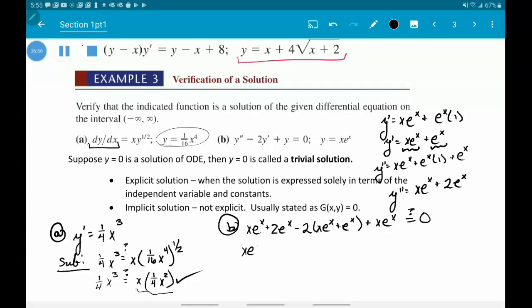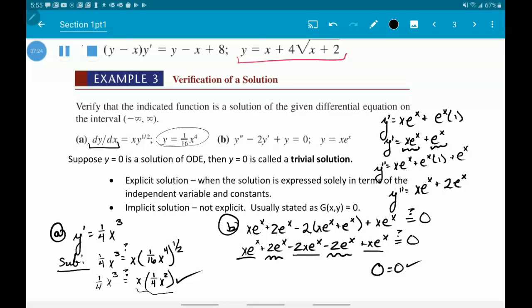So let's do some fancy math and distribute. So if we look at our x e to the x terms, those are going to cancel. And if we were to look at our e to the x terms, they are going to cancel. This is an identity. We do get 0 equals 0.